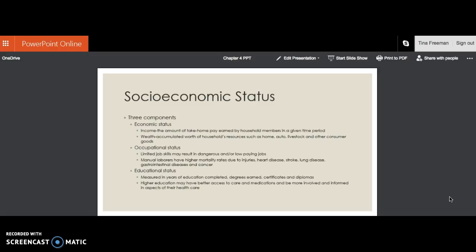Then we have occupational status. So this really takes into account your occupation, your career, your chosen job field. So with limited job skills, an individual may end up with a higher risk or lower paying job. Unfortunately, this is the case.